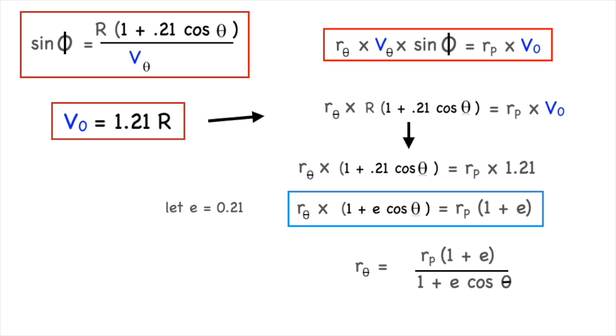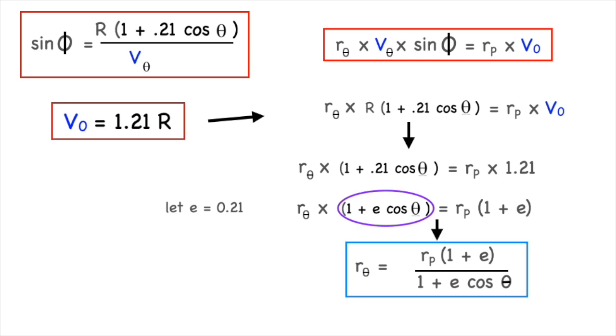And all we need to do now is divide both sides by the quantity 1 plus e times cosine theta, and we get the equation for an ellipse that we have been looking for.